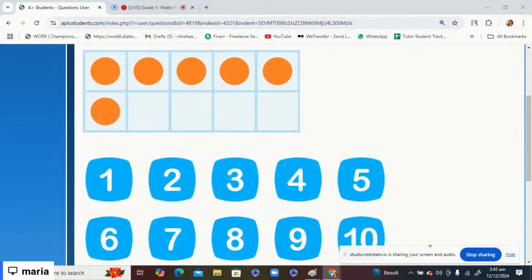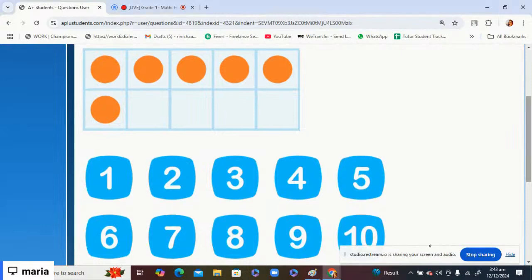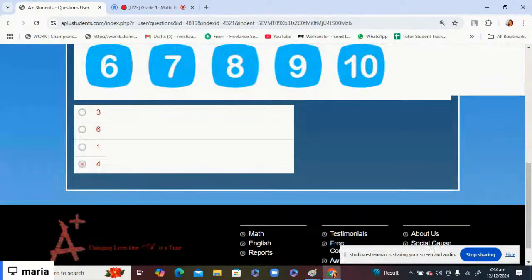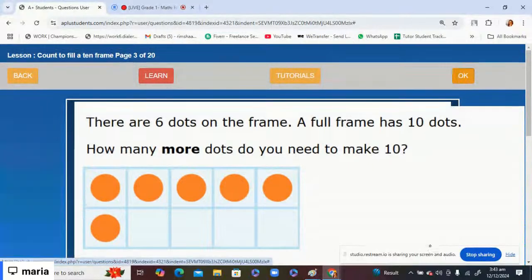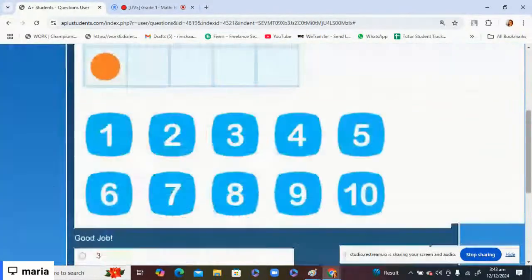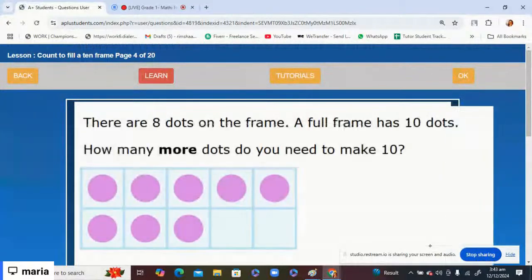It's 1, 2, 3, and 4. Okay, so here are 4.